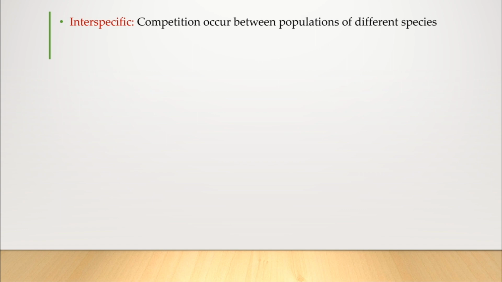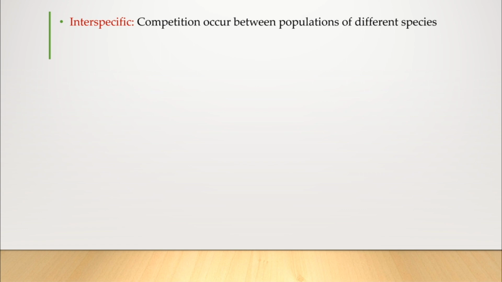The next one is interspecific. Interspecific means you have two or more different species fighting for one type of resource. The best example given in this lecture is one type of fish.